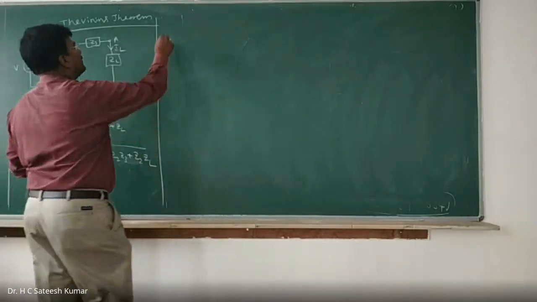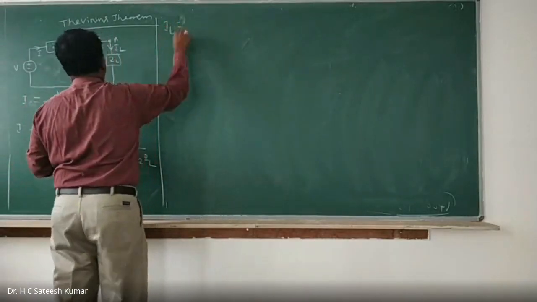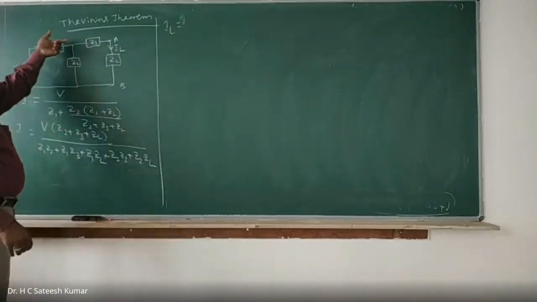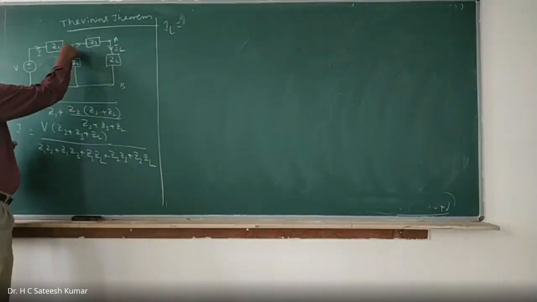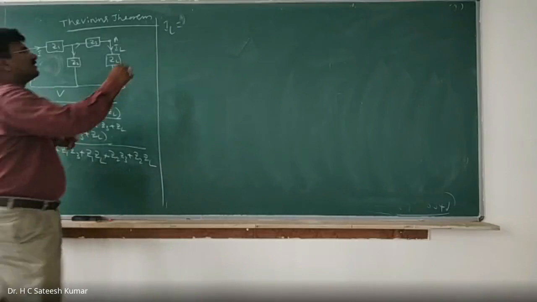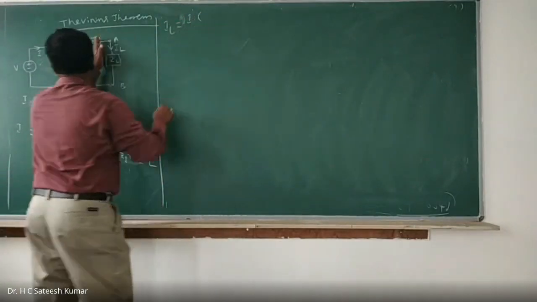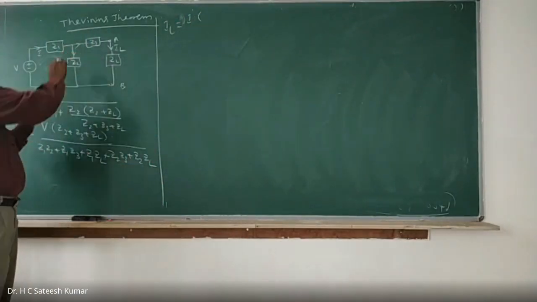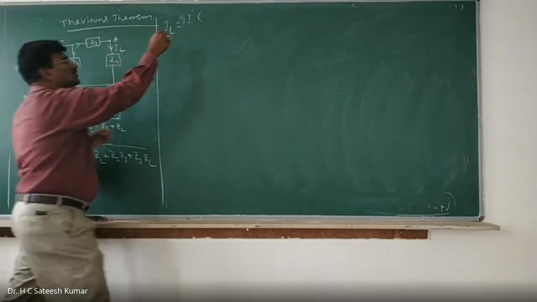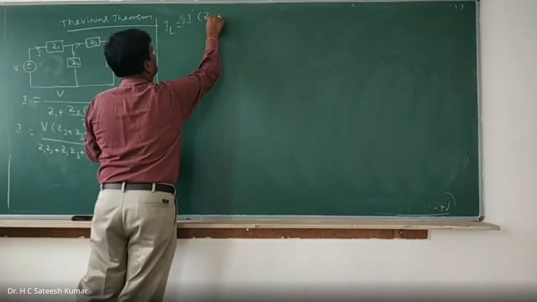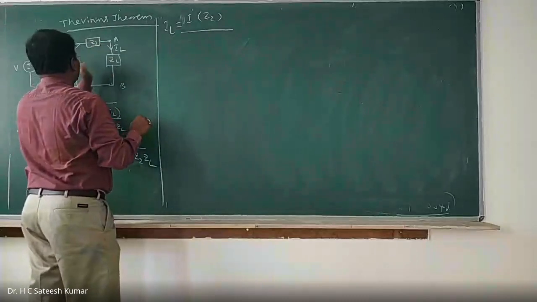This IL is nothing but equal to this current only. Now here the current will divide. Total current I into the resistance of the other branch, Z2, divided by the total resistance of these two branches, Z2 plus Z3 plus ZL, because current is dividing here.